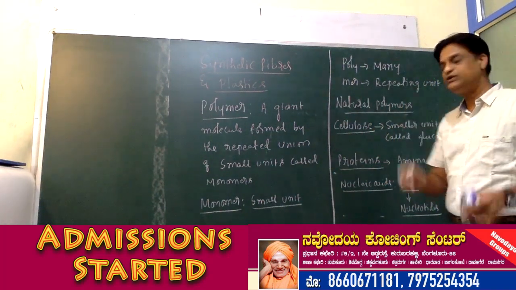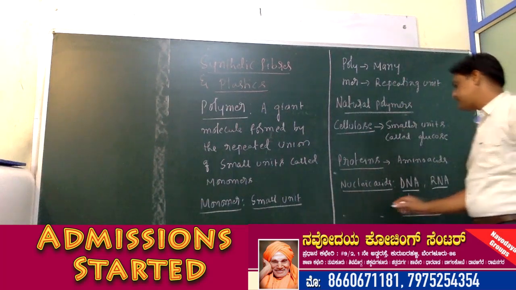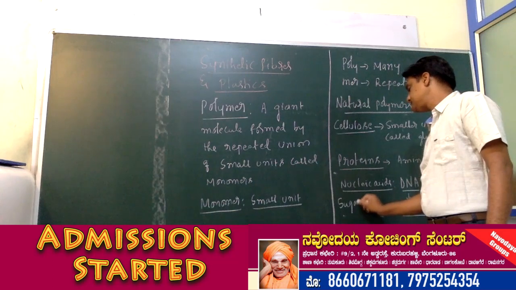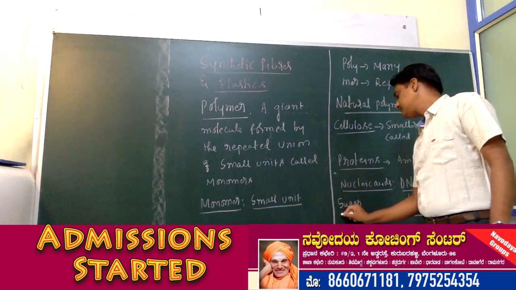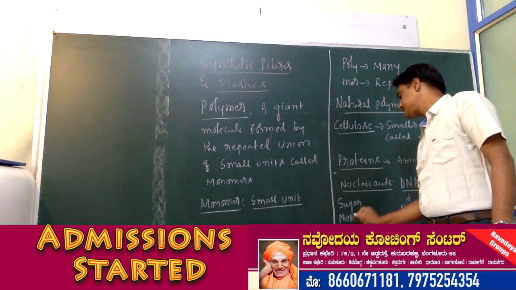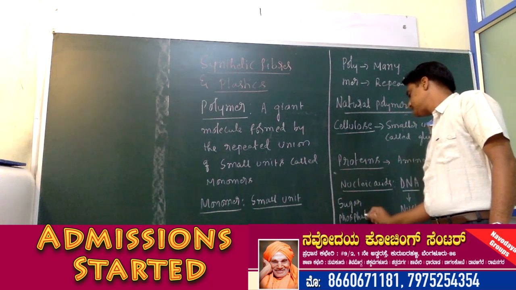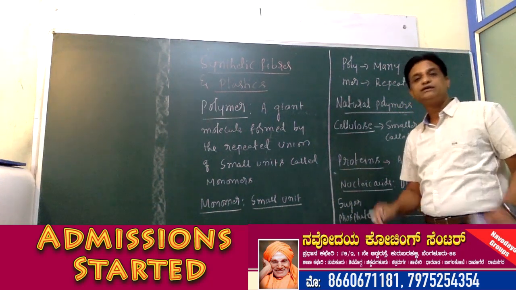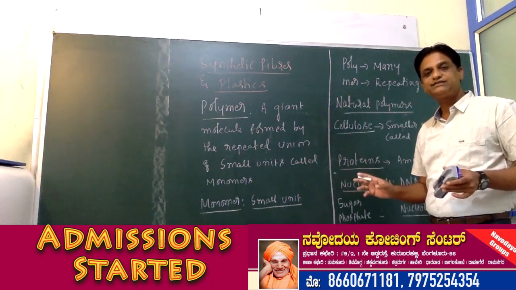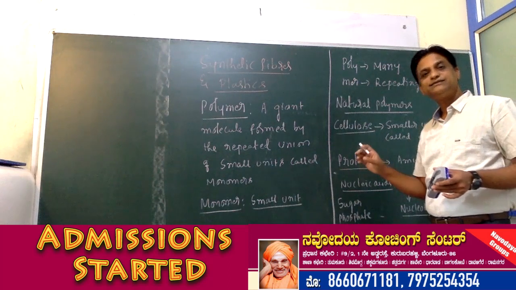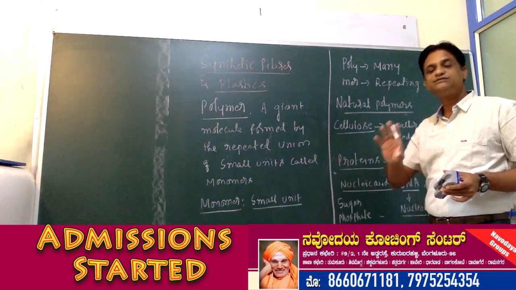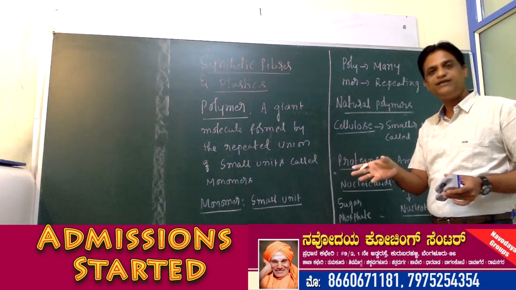Each nucleotide contains a sugar unit, then a phosphate unit, and in addition to that, one more unit is present.